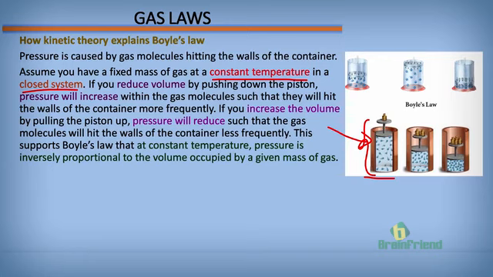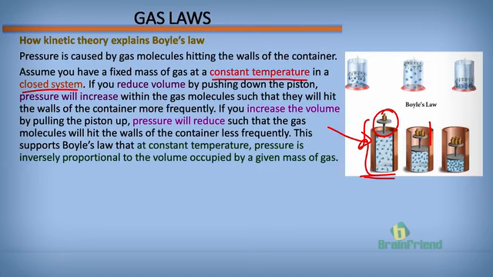Now, if you are to reduce the volume of this container by pushing down the piston, this is what we call the piston, and it should be movable for this experiment. It should be such that it can be pushed down or pulled up.